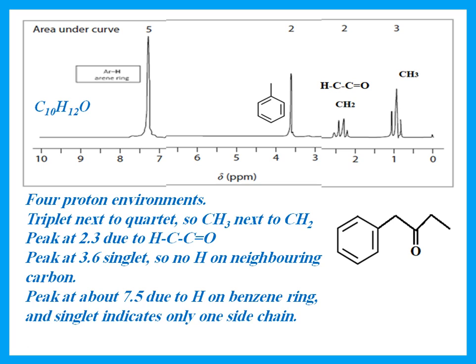So that is the one at 3.6, and it's a singlet because there is no hydrogen on one side and there is no hydrogen on the other. So the CH2 is in the middle between the benzene ring and the carbonyl, and the benzene ring has only one substituent, and this would be the structure of my compound.